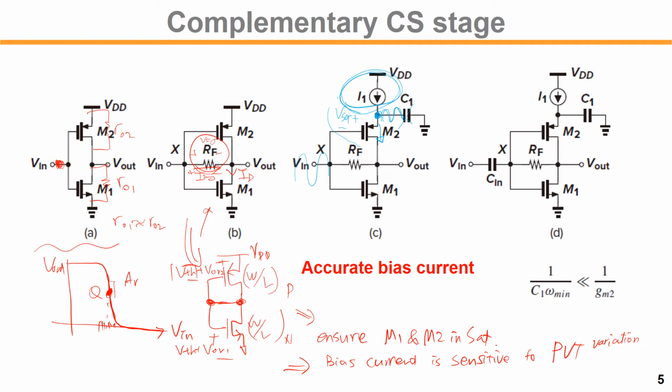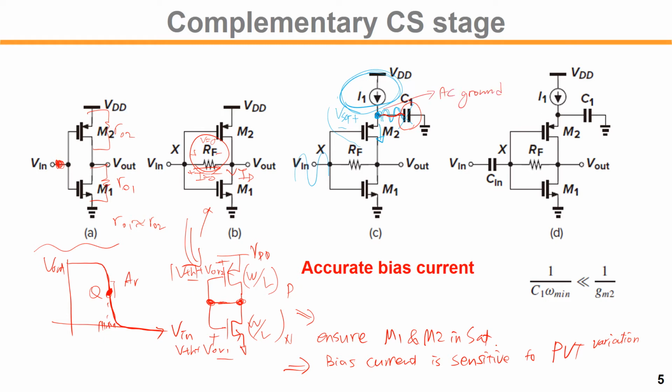To knock down the signal component on the source node, we can have C1 so that it becomes AC ground.